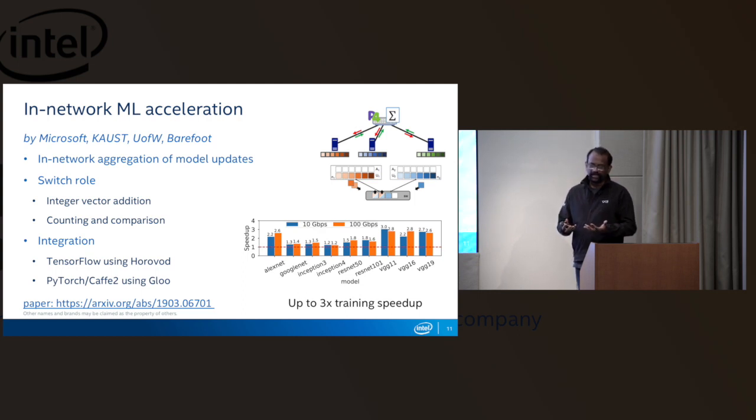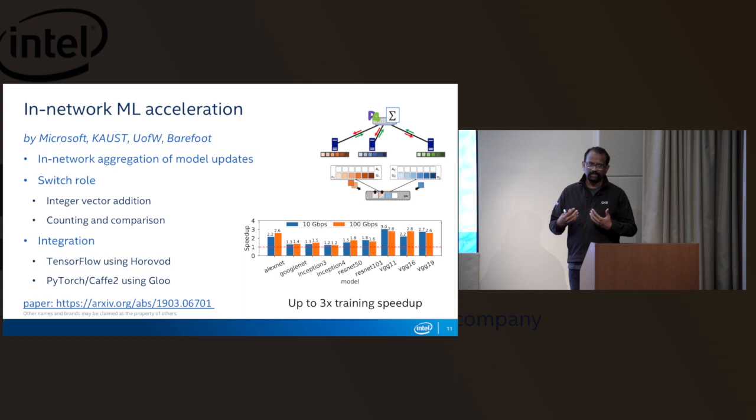So now we have Tofino, which can do billions of packets per second. If Tofino can act like a parameter server, it can receive all the weights from the workers, do the aggregation in the switch, and send it back to all the workers. Now you're taking an n-square problem and making it an n problem. So in this particular case, we have actually gotten all the weights from the workers.